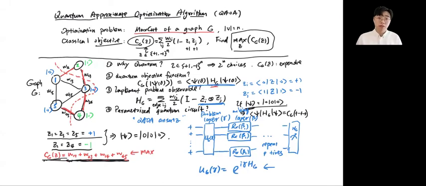So why this parameterized quantum circuit? Well, in fact, this quantum circuit, this iterative process of two layers, is inspired by quantum adiabatic algorithms. And it has really nice properties or performance guarantees.